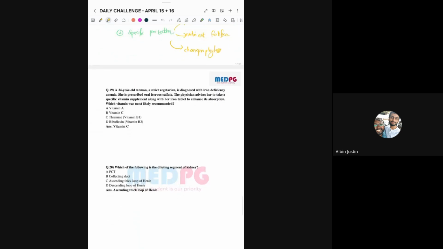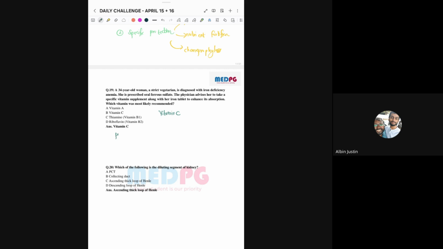Okay. Question number 19. 19 says 34-year-old strict vegetarian, iron deficiency anemia. Which vitamin increases the absorption of iron? So iron absorption is increased by vitamin C. Okay.